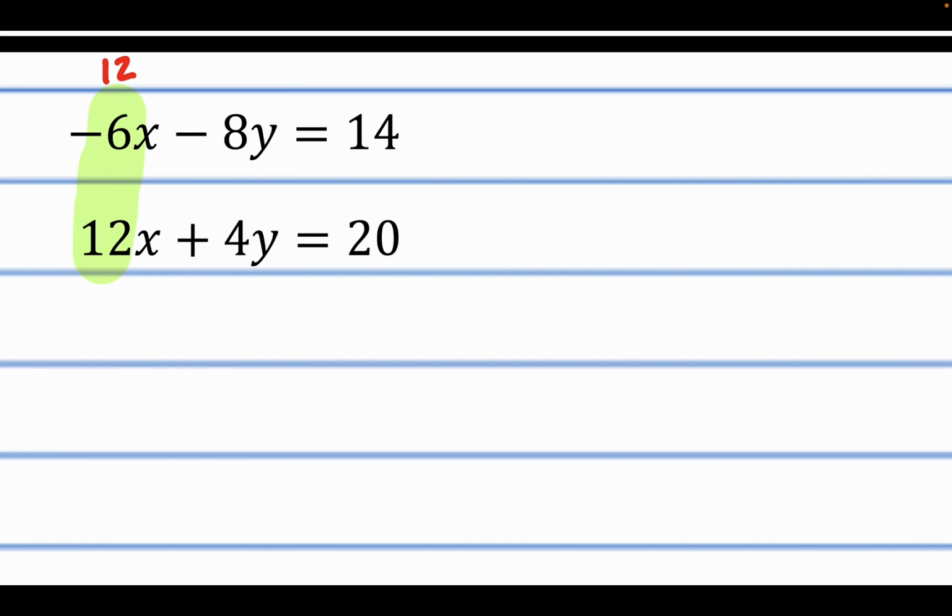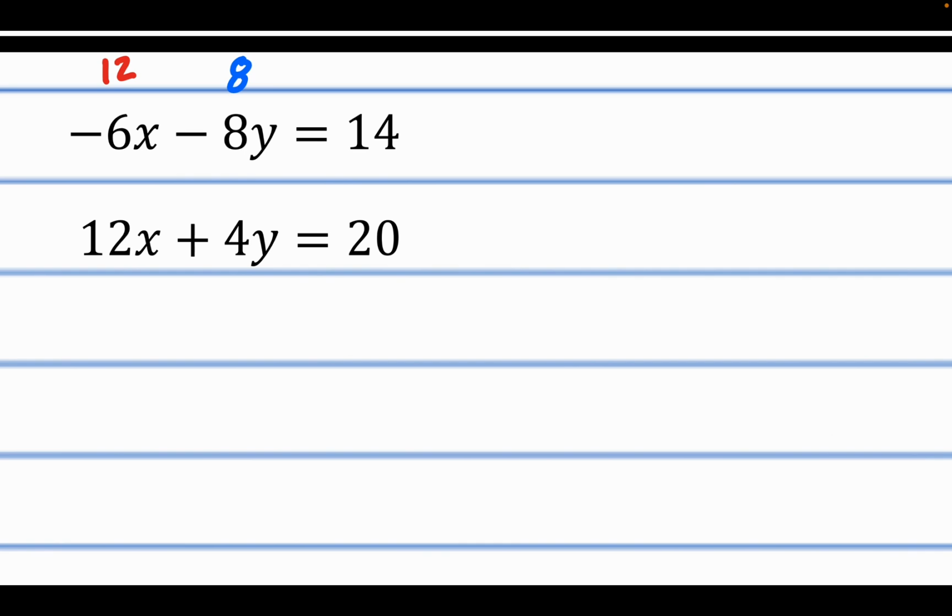Do the same thing, but this time with the y's. And we find that the first number that they both can become is an 8. Here's where we get to make our first choice. Do we want the x's to both be 12 x's, or do we want to have 8 y's? There is no advantage to one versus the other, so we just got to make a choice.